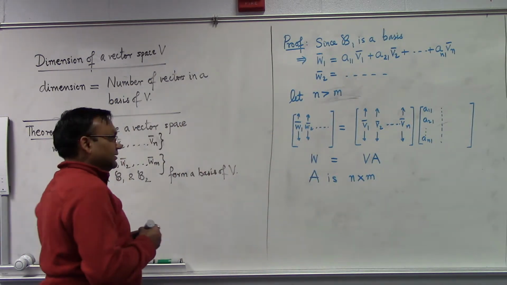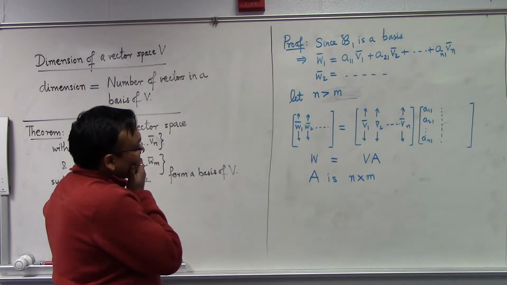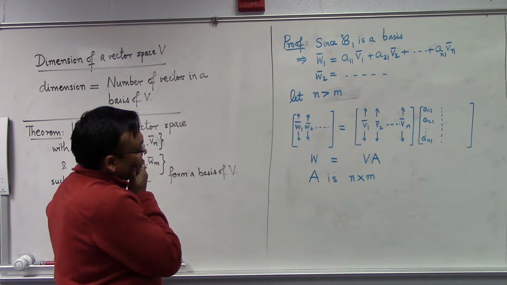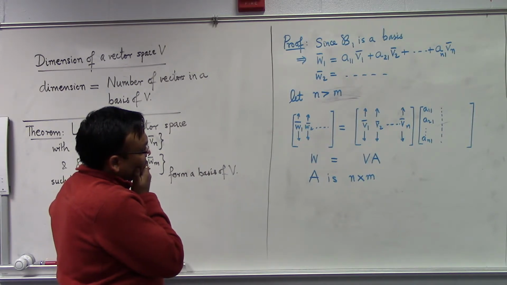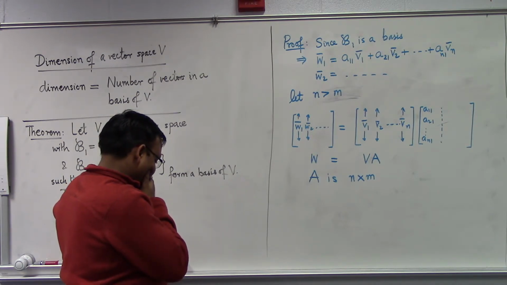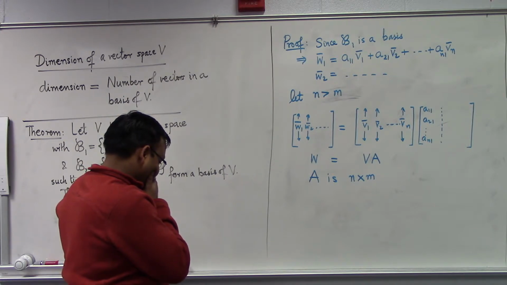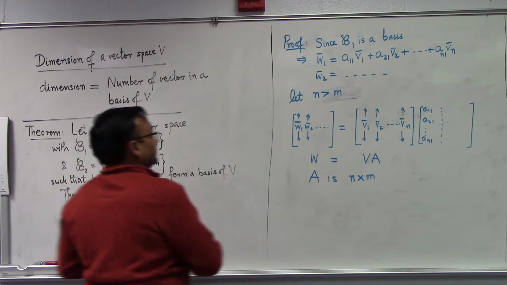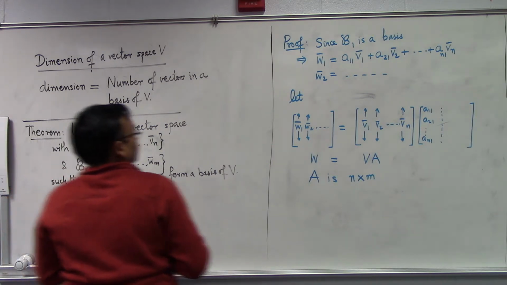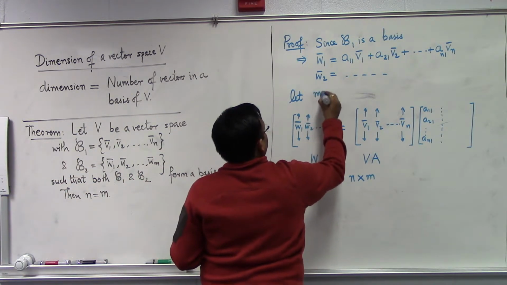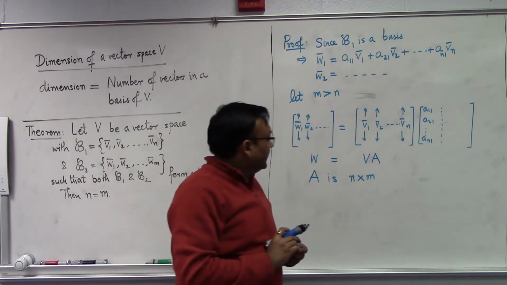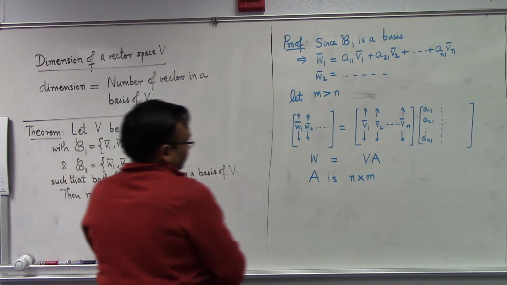Actually, let me see if I need to change that assumption. Let me change my mind. Again, let me call this m bigger than n. Just one mistake on my part. It's kind of spiraling. Okay, so A is an n by m matrix.